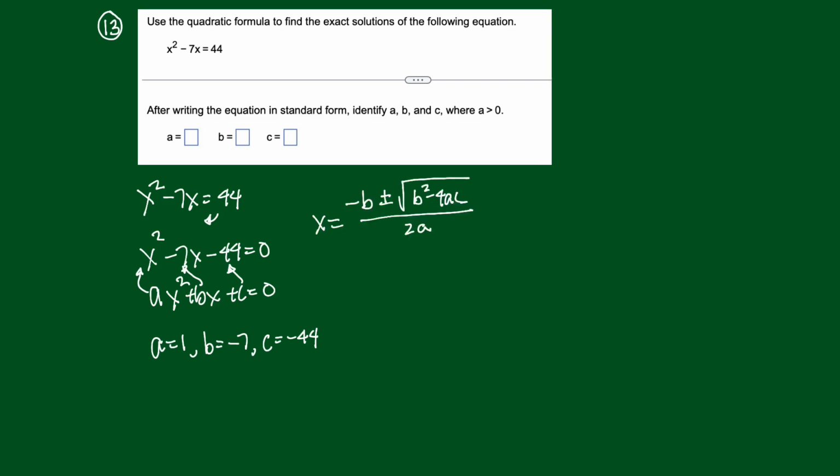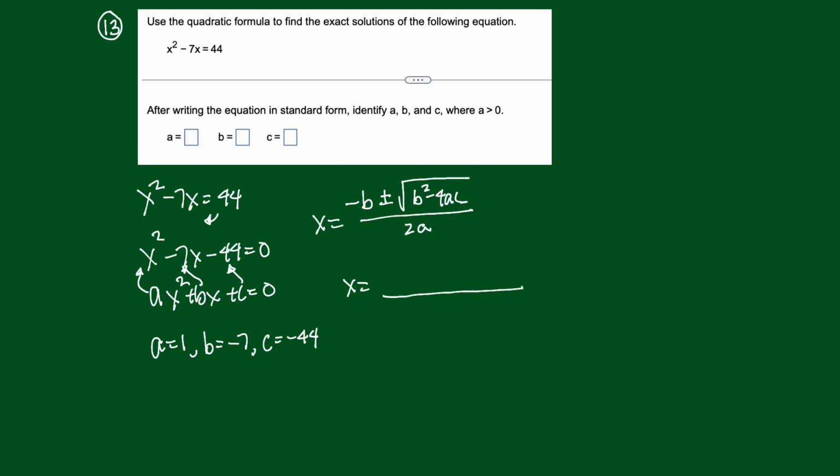Now, I wrote the quadratic formula here. x is equal, I'm using x because that's our variable. So x is equal to this: the opposite of b plus or minus the square root of b squared minus 4 times a times c, all over 2 times a. Now, here's a, b, and c. So let's just substitute. So we will get that x is equal to, all right, this fraction here.